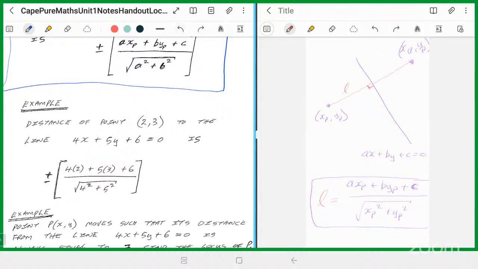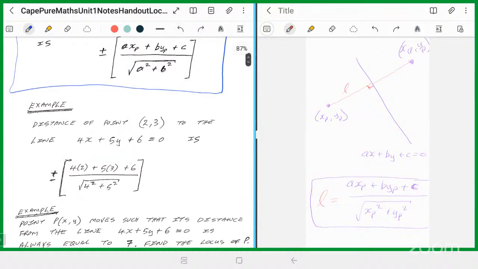So I'm going to show you how to use locus on a question now with this information. The distance from this point to this line would be this. So what I do, I put back the equation right up here, but I'm putting in these values, the x and the y value. So this x value goes here, this y value goes there.